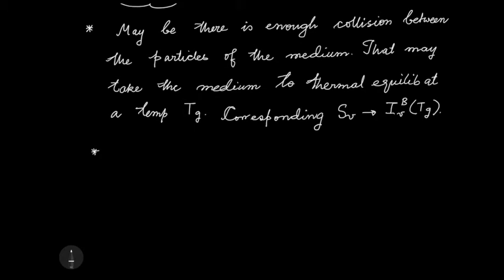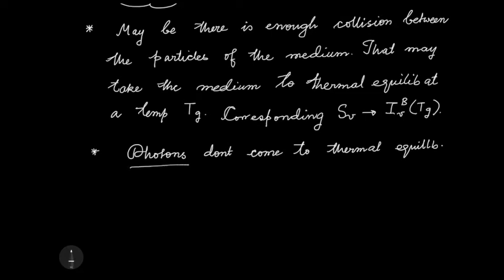But because there is little collision between the medium and the photons that the medium has created, the photons don't come to thermal equilibrium with the medium. When I say photons, it essentially means radiation.